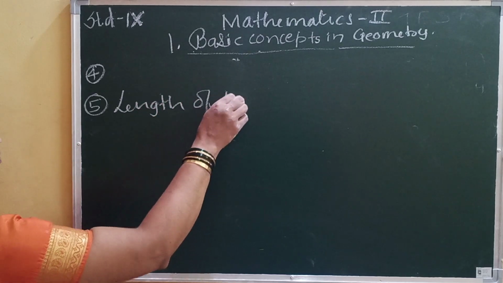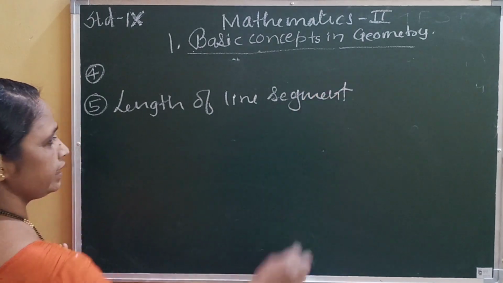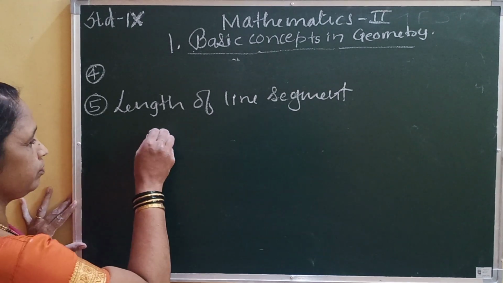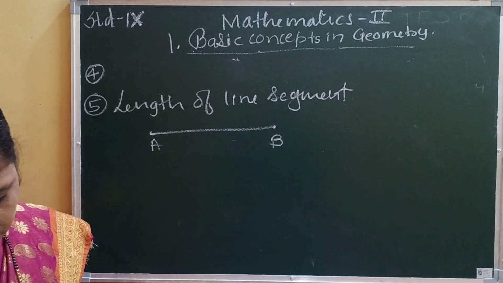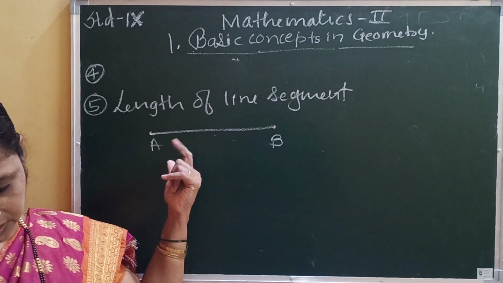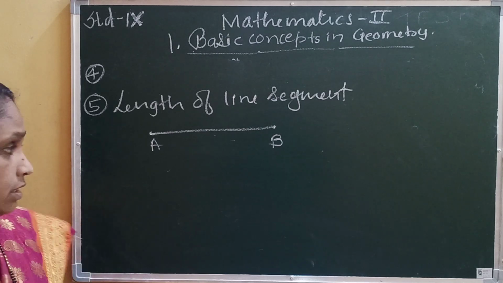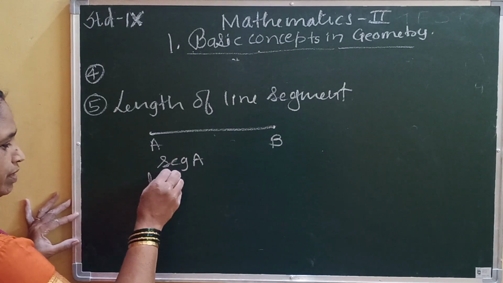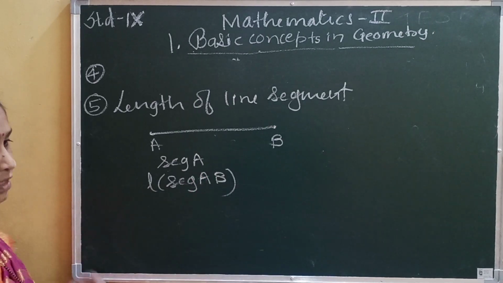Length of line segment means the distance between the endpoints of the line segment. Suppose this is a line segment AB. The distance between its endpoints is called the length of the segment. So the length of segment AB is denoted by AB, symbolically we can write it in this way.